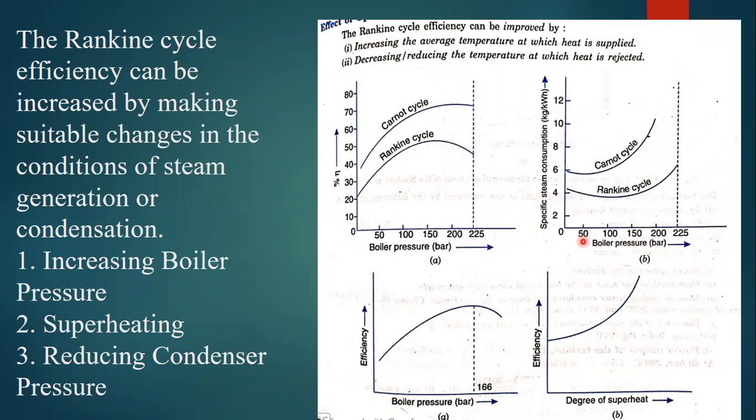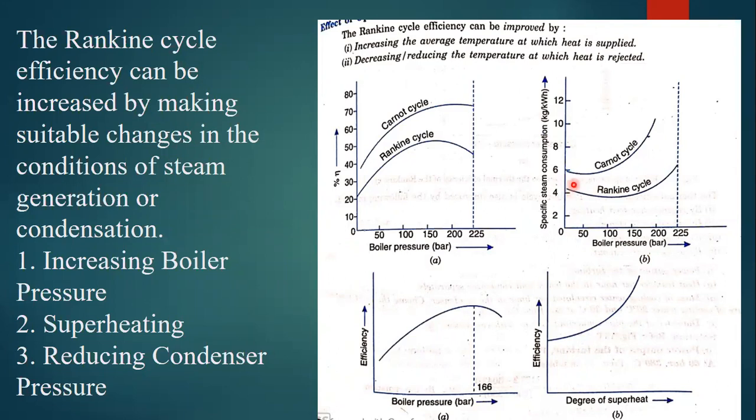Here it is the same, but this is for specific fuel consumption, that means how much fuel has been consumed. As the boiler pressure goes on increasing, the consumption is reduced.